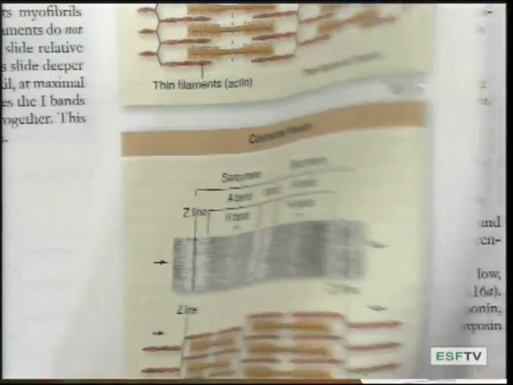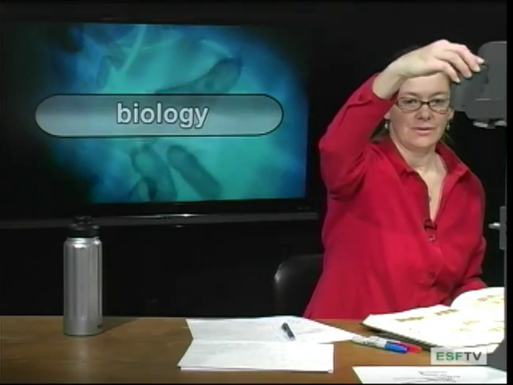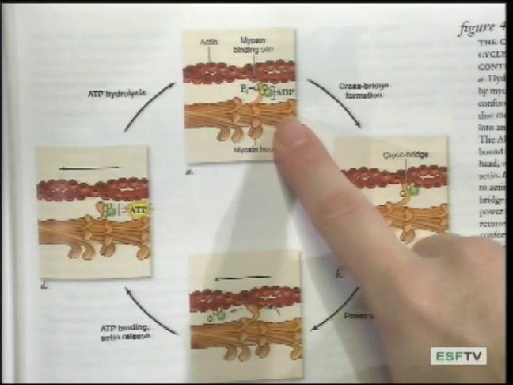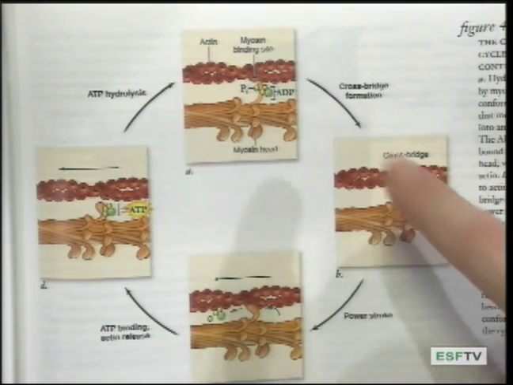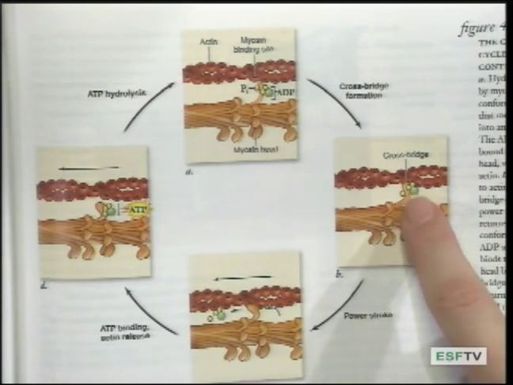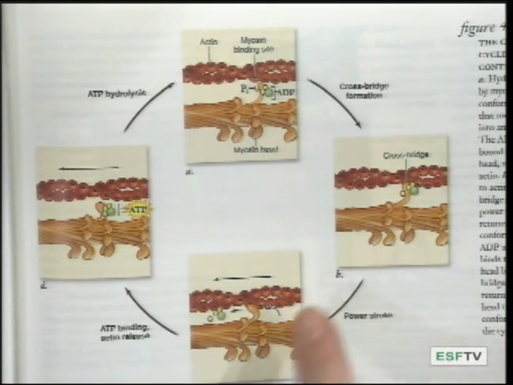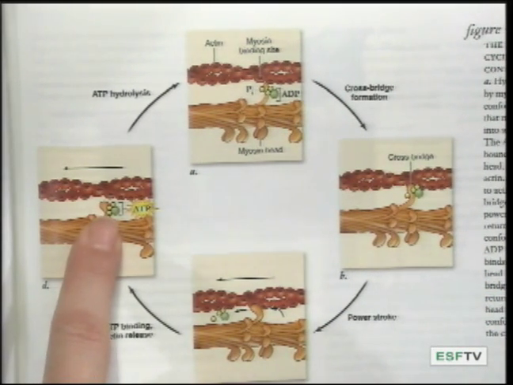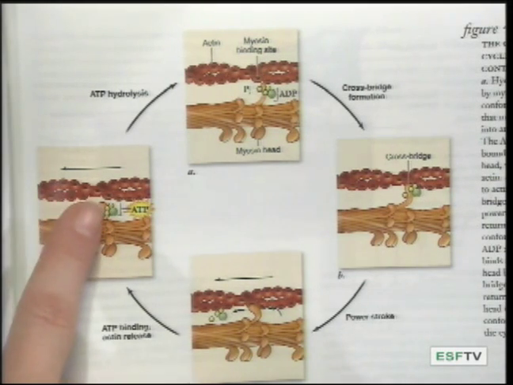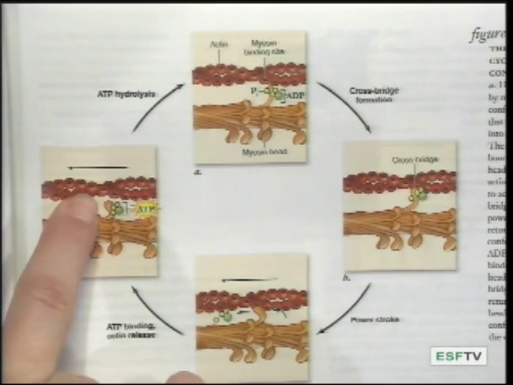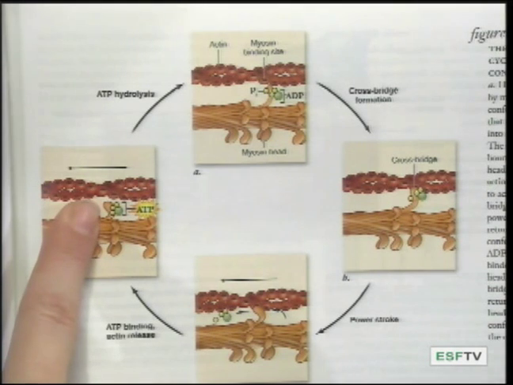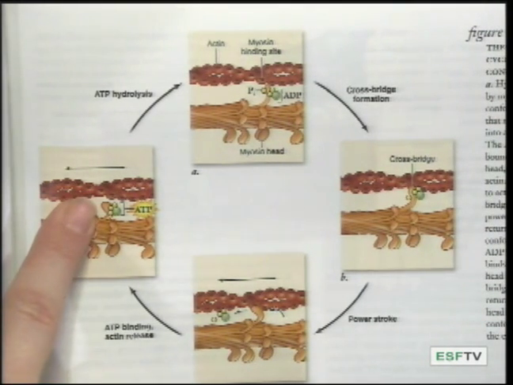Okay, and then to get a release, we go through this cycle where you've got the myosin head that's bound to the actin, and here's the cross bridges that have formed, and you get ATP coming in to release this connection here. So to release this binding of the myosin heads to the actin molecule.